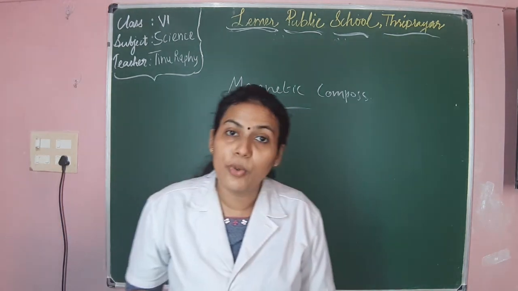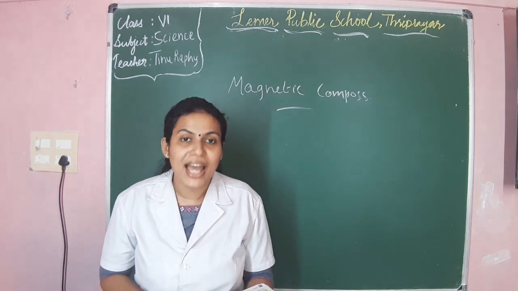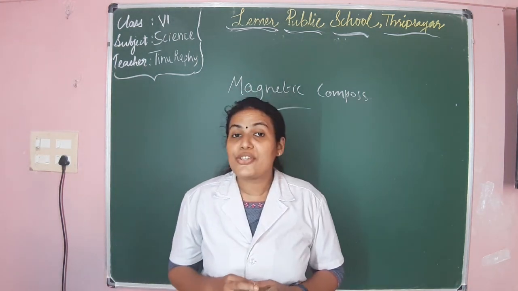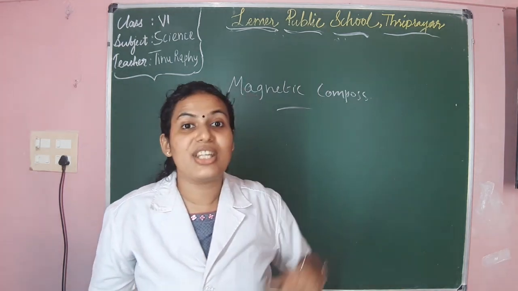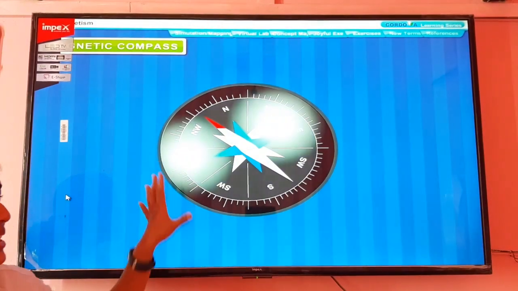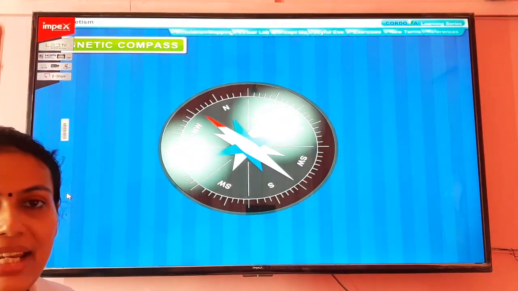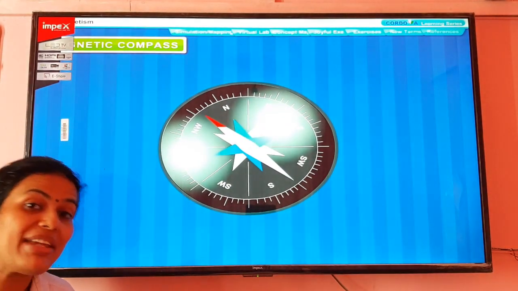So in your textbook, figure 13.9 shows the diagram of a compass. The teacher will show you a compass using the Digi video. So dear children, this is a magnetic compass used to find direction while traveling, while navigating.